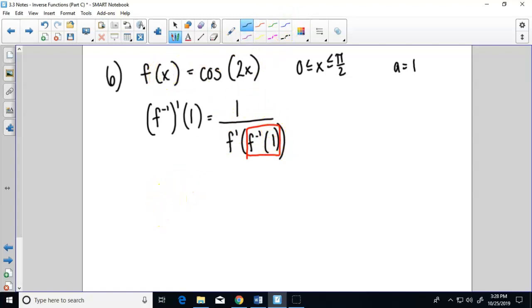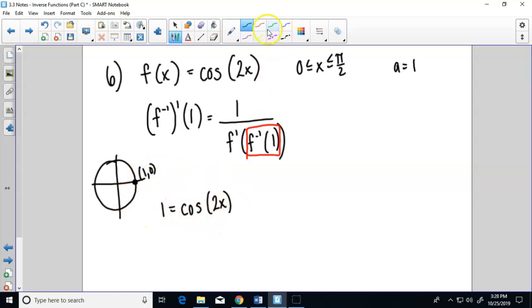So we'll do 1 equals cosine of 2x. So we have to ask ourselves, where does cosine equal 1? And so on that unit circle, right here at 0, cosine equals 1.